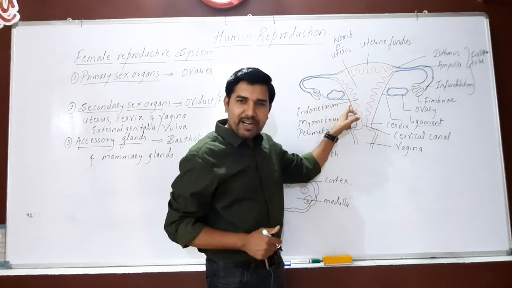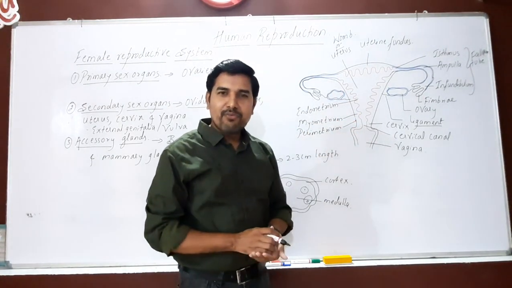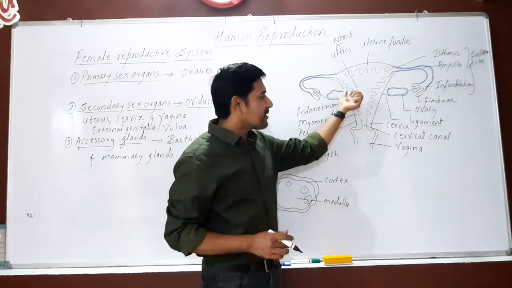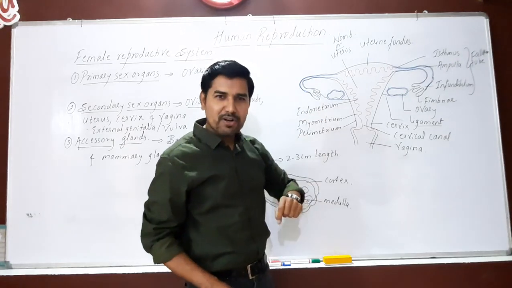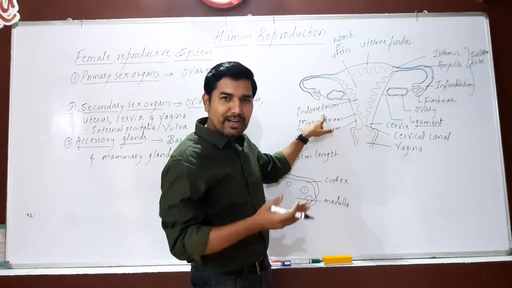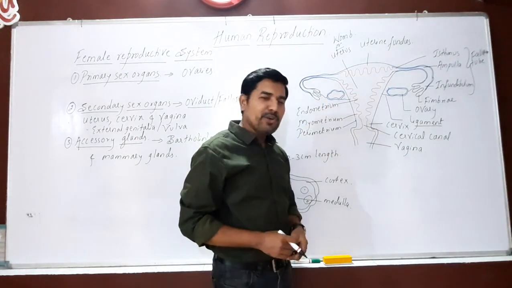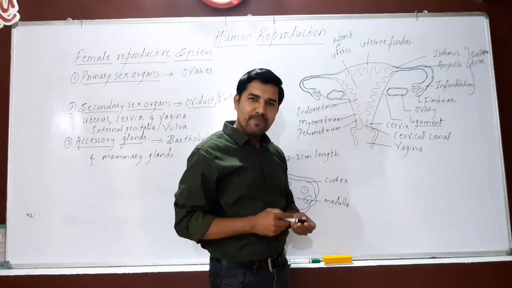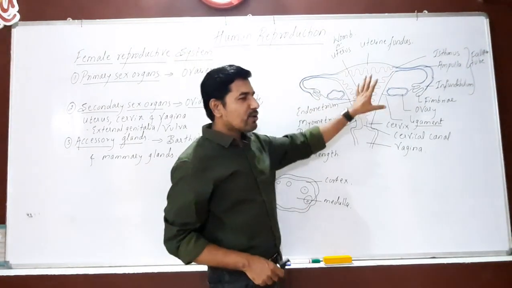This endometrium sheds every month, releasing with the blood, and hence the process is called menstruation or the menstrual cycle. So the menstrual cycle occurs due to shedding or removal of the endometrial wall. So this is present in the uterus of the female reproductive system. Now, what is the major function of the uterus?